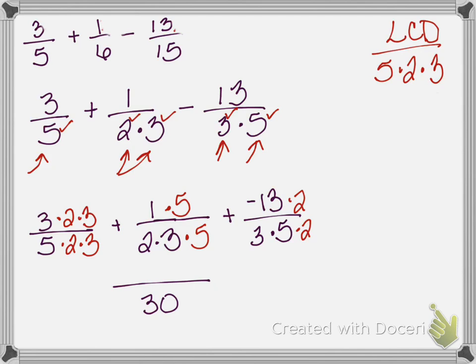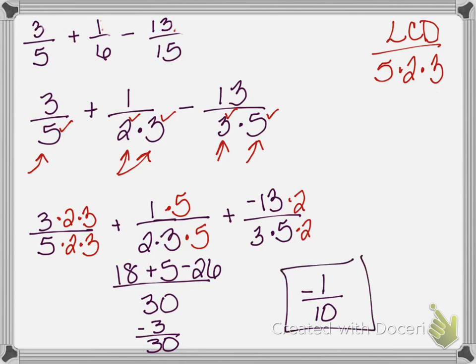And then I have 3 times 2 times 3, which is 18. 1 times 5 is 5. Negative 13 times 2 is negative 26. When I simplify that, I get negative 3 over 30. And I know I can simplify that again to negative 1 over 10. And that is my final answer, negative 1 over 10.